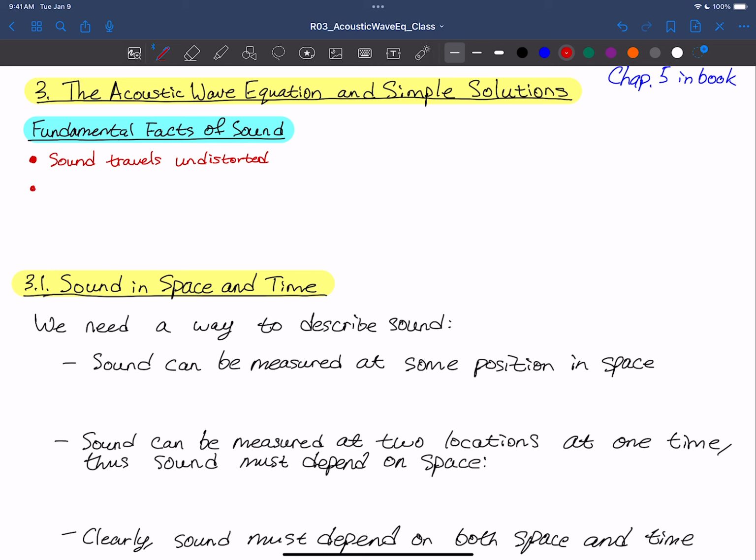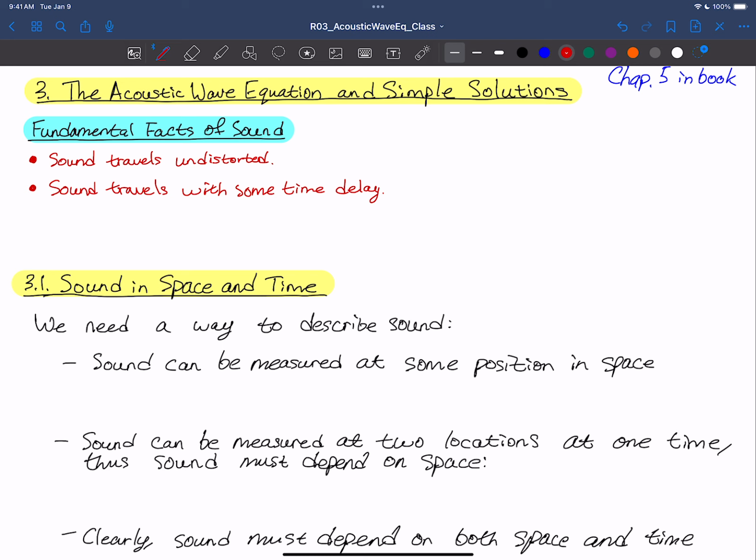Second, sound is going to travel with some time delay, meaning that they travel with some speed, typically what we call the speed of sound, of course. They don't have an infinite velocity, and so there's going to be some delay in that travel.